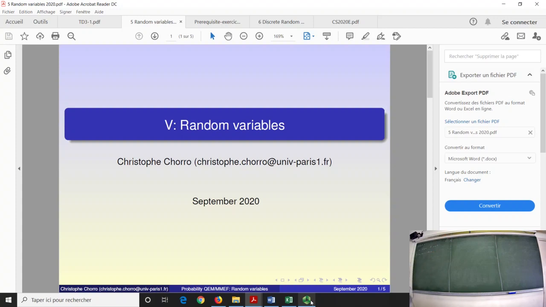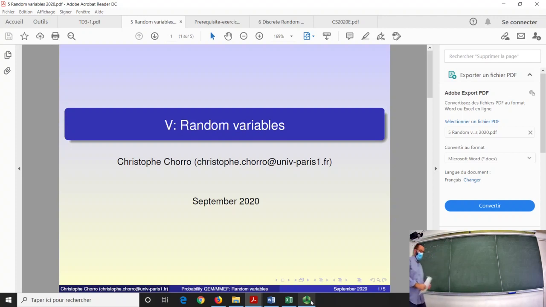So it means that I have what I call the random experiment here. It's a classical dice. So what are my possible outcomes? 1, 2, 3, 4, 5, 6. So I have 6 elements in my universe here for the moment.